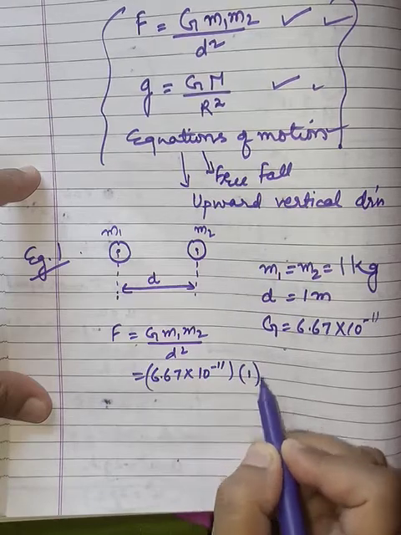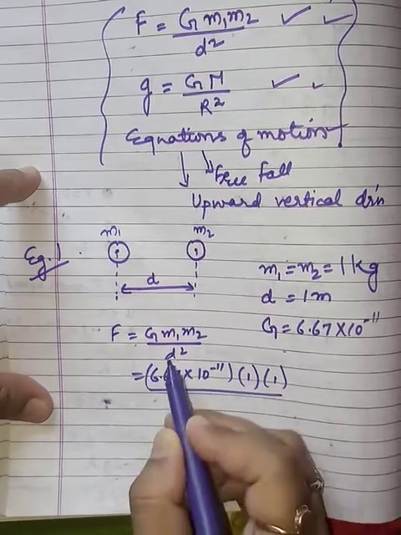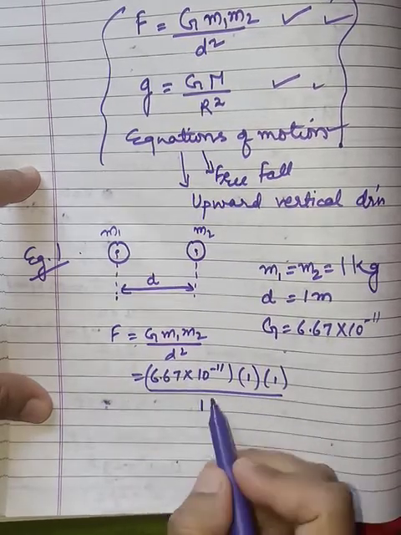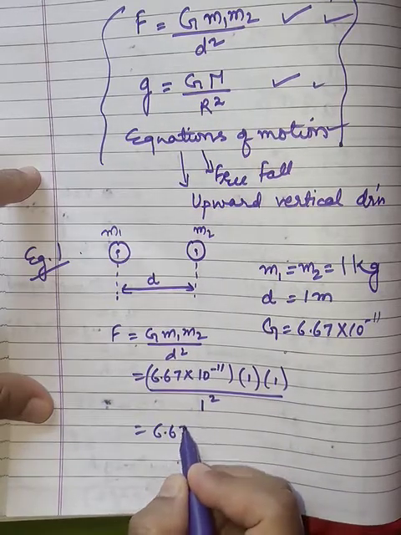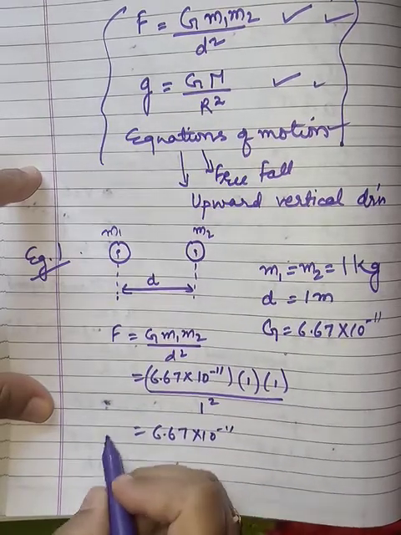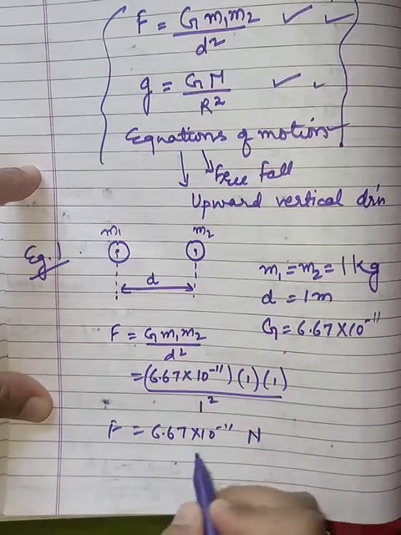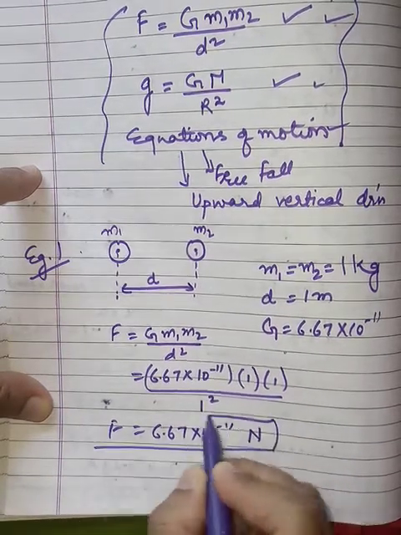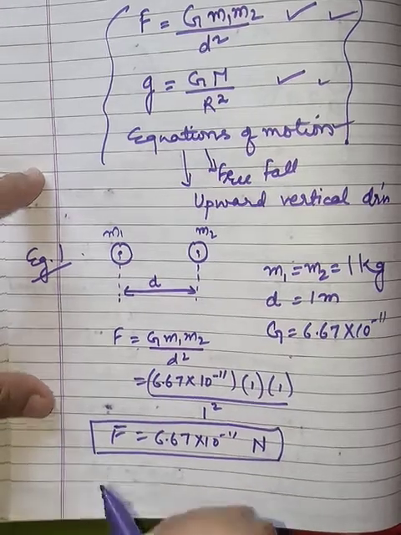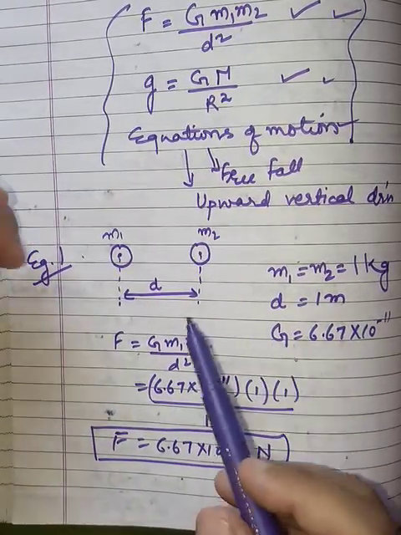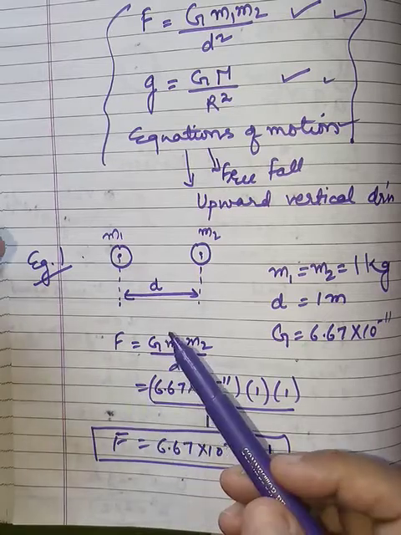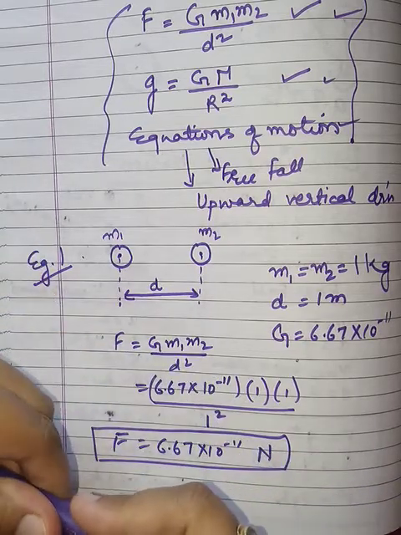Mass m1 is 1 kg, this is also 1 kg, d is 1, so 1 square it is. So what is the answer? Answer will remain the same. That is very easy to calculate, but the answer should be in Newton. So that will be your force of gravitation between those two objects. Okay, very simple question in which things are given directly and you have to put the value in the formula.